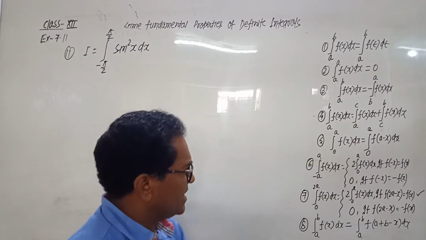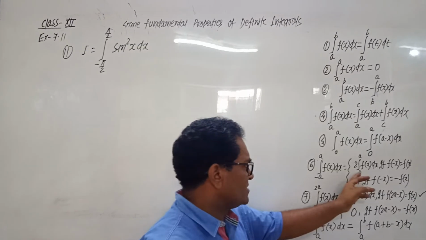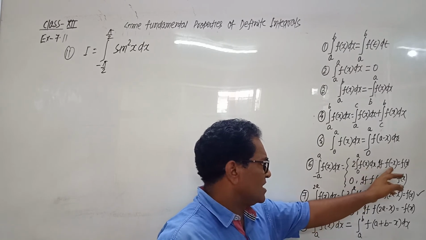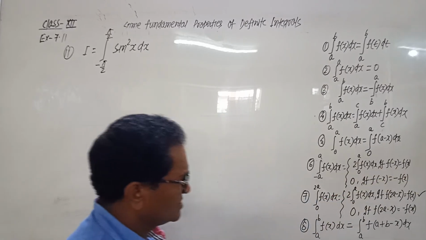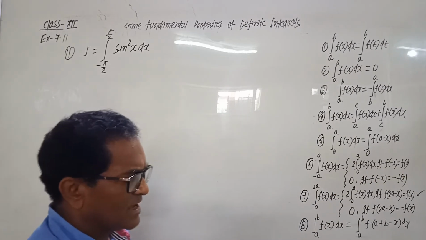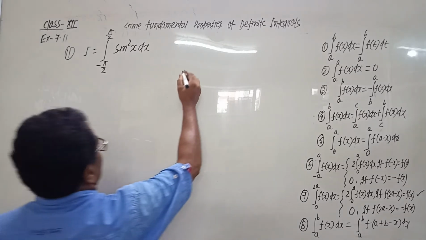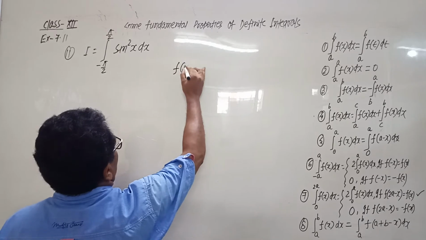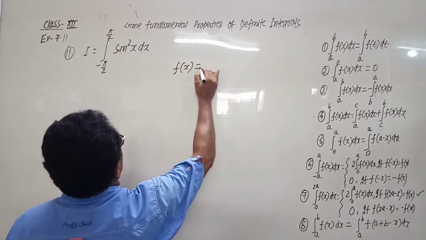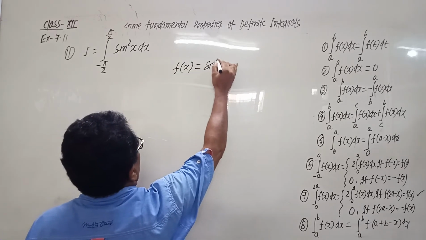The integral from minus a to a of f(x) dx equals twice the integral from 0 to a of f(x) dx, if f(minus x) equals f(x). So here our function f(x) is sin square x.